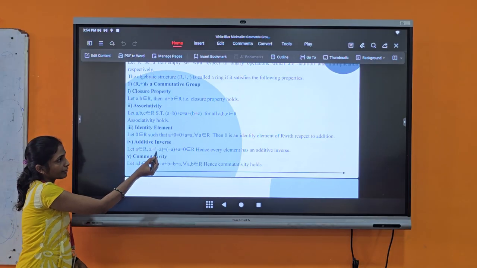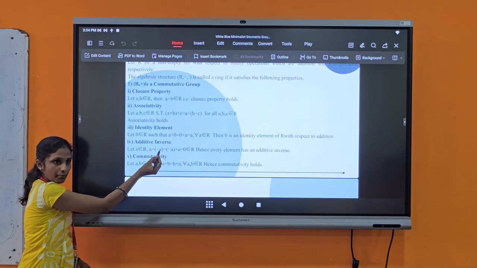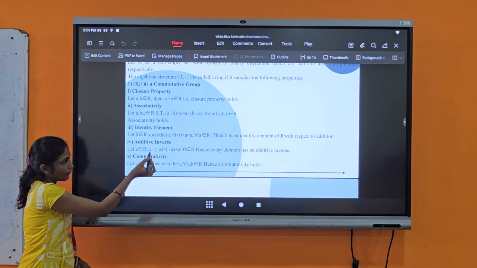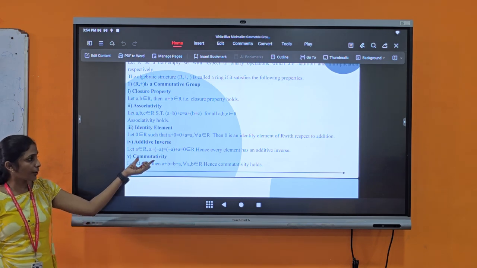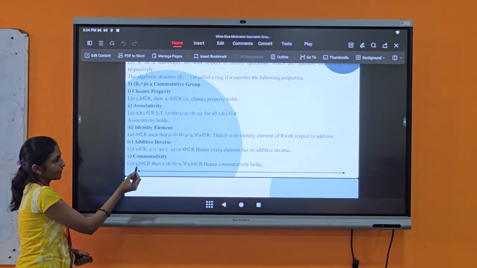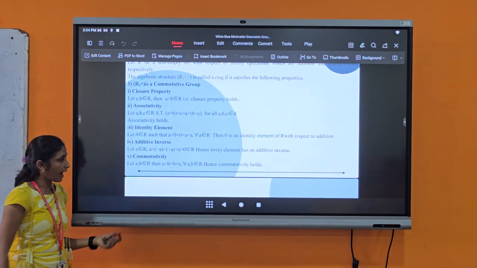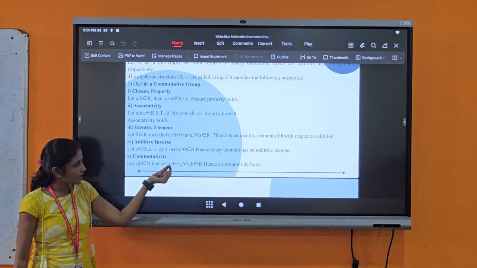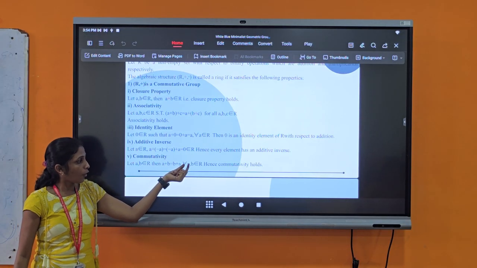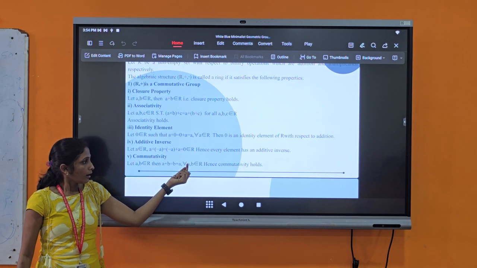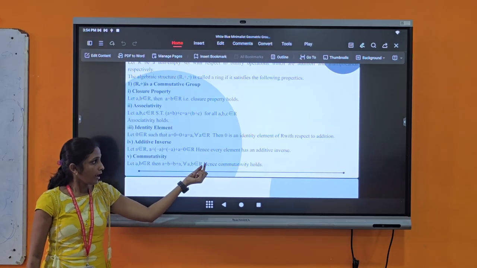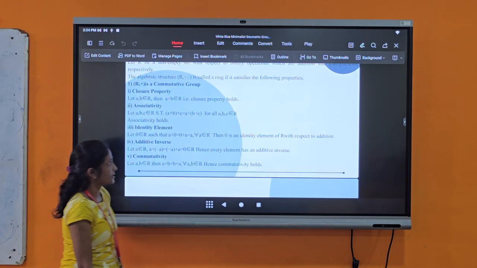Here A is the additive inverse of minus A and minus A is the additive inverse of A. Next is the commutativity property. If we take two elements from the set R, then A plus B is equal to B plus A for all A, B belonging to R, and hence commutativity holds.